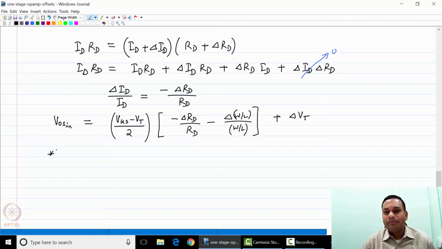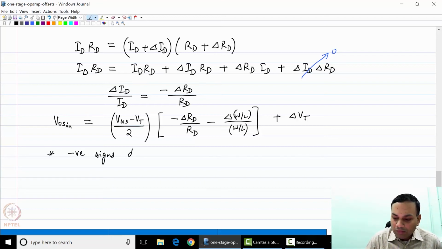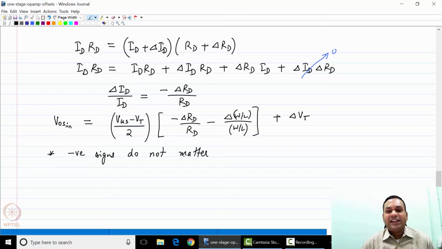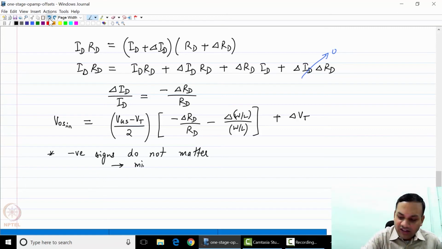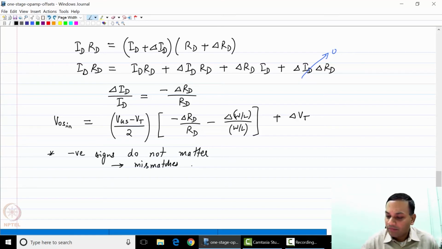So first of all, the negative signs do not matter, because the mismatches that we are considering, mismatches in RD, W over L and VT are independent.